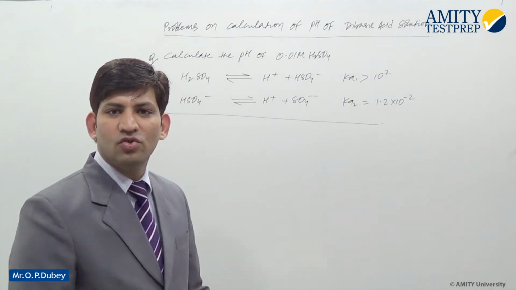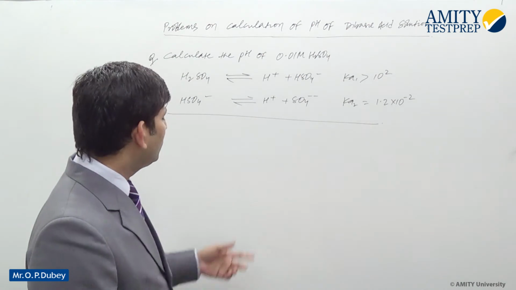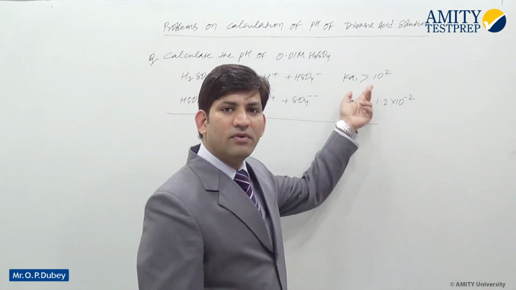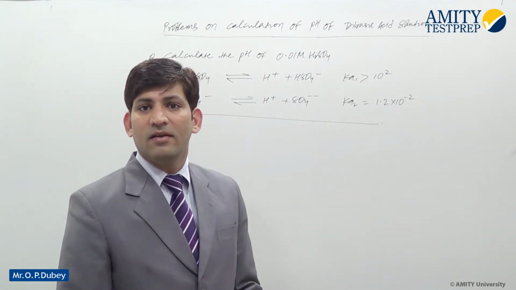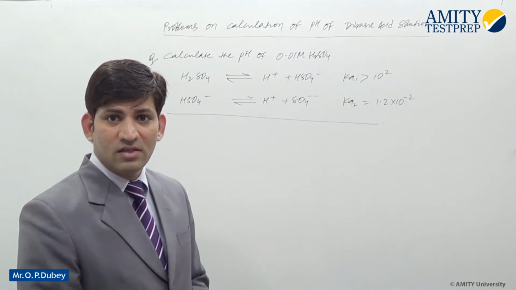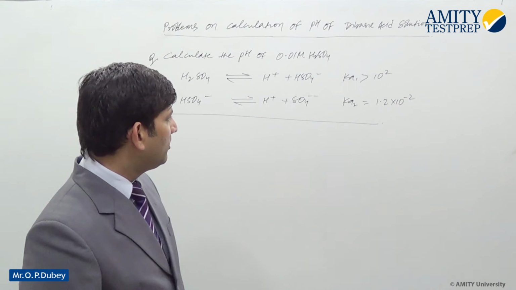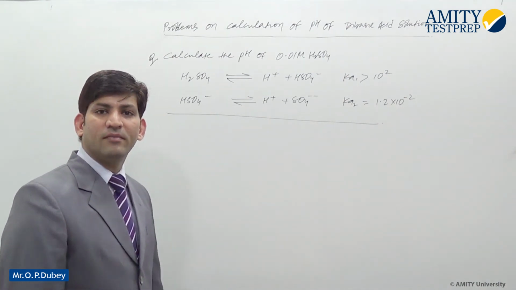That means it is assumed to be dissociated almost completely. And the second dissociation constant is less than the first, but it is not very small. That means the second dissociation also contributes H positive ion, that is proton, to the aqueous solution.